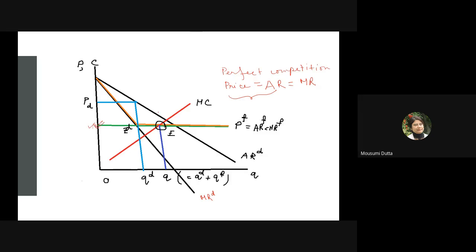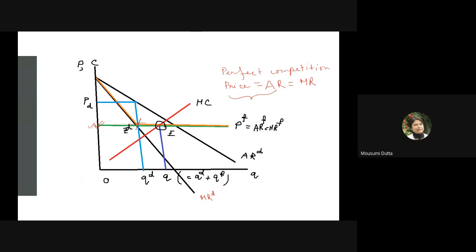So if I want to add the MR1 curve with the MR2 curve, up to this level, is there any MR2? No, ma'am. So when we derive the TMR, the first part will be identical to that of the domestic market. Am I right? Yes, ma'am.